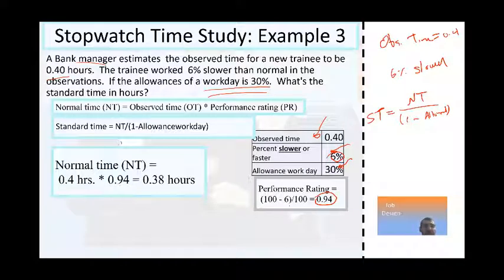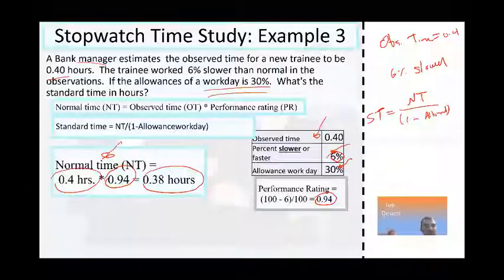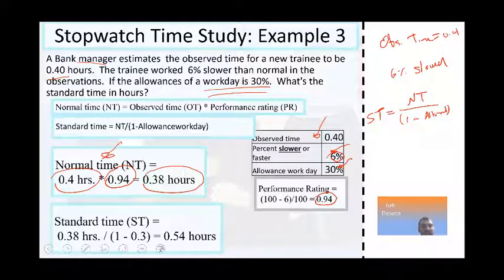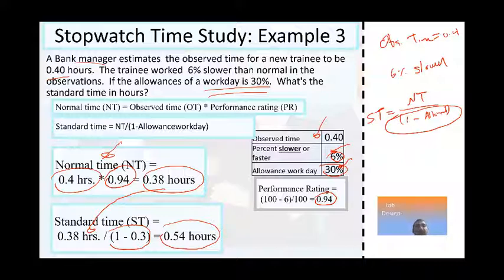Right away we can calculate the normal time because we have the observed time and the performance rating, so we get 0.38 hours. Now the standard time is going to be the normal time divided by 1 minus the allowance, which is 30%. Again, we have to turn the percentages into ratios. So 0.38 hours divided by 1 minus 0.3 is going to give us 0.54 hours, and that's our standard time.